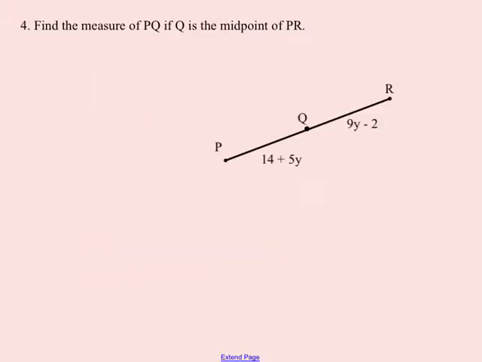Let's take a look at number 4. Find the measure of PQ if Q is the midpoint of PR. Again, that means that these two segments are the same length. So since they're the same length, that means that 14 plus 5y is equal to 9y minus 2. So first thing I need to do is figure out what y is equal to, because eventually we're trying to find the measure of PQ.